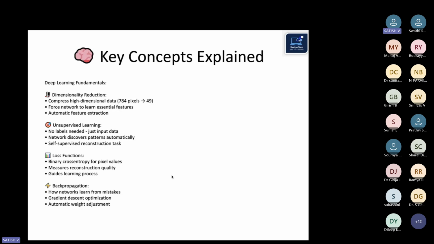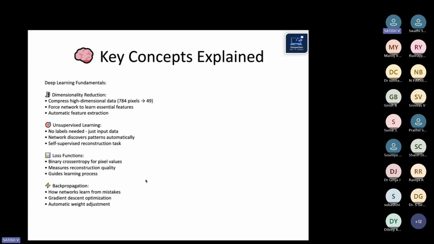In this, the key concepts are that any image we're going to measure in terms of dimensions, right? For example, if you want to compress high dimensional data of 784 pixels to 49, that can be achieved through our current architecture. We would also be doing unsupervised learning, so we would be solely dependent on the input data that we feed for the learning of the model.